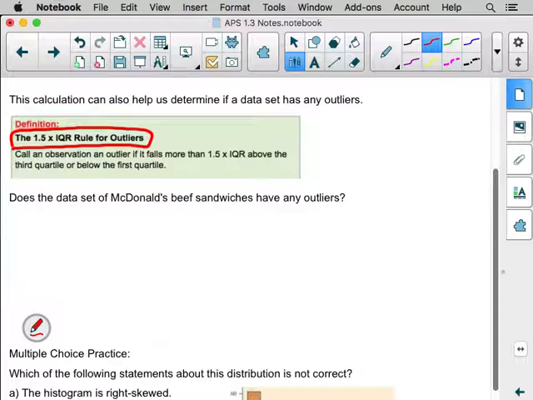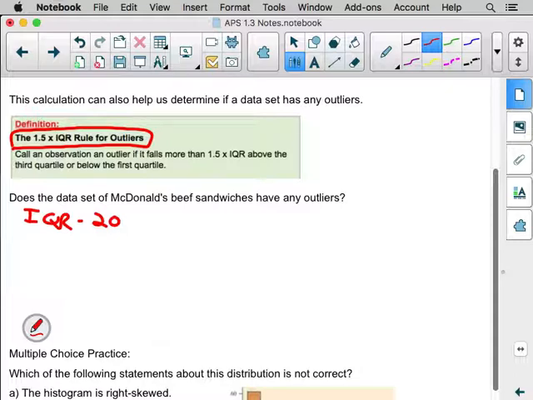Now, all of my numbers are erased from yesterday. So can somebody remind me, what was the IQR of that McDonald's data? Was it 20? Yeah? Okay. So that's the first thing you need, that IQR. Now it talks about the 1.5 times the IQR rule.